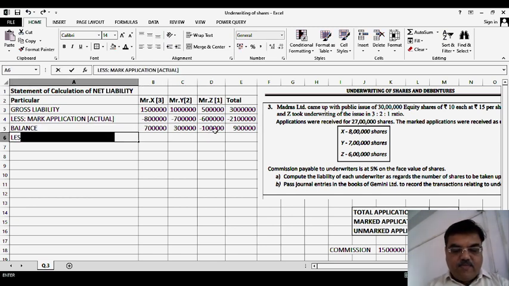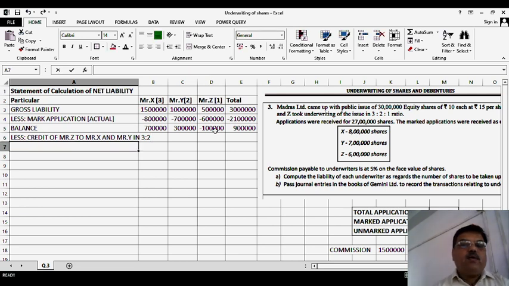Again, less credit of Mr. Z to Mr. X and Mr. Y in which ratio? 3 is to 2.